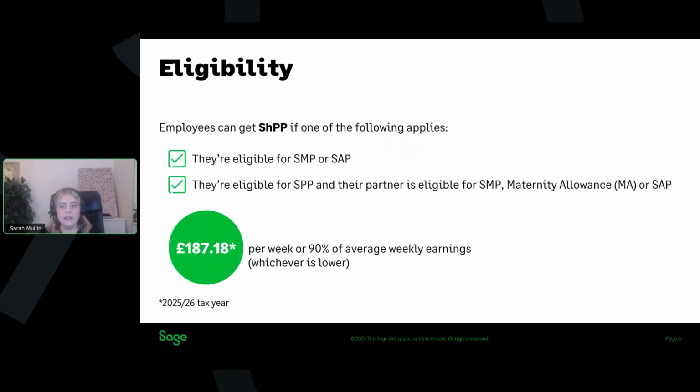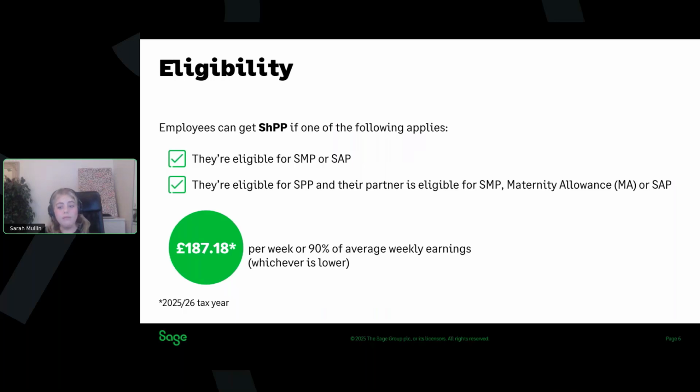So let's take a look at the eligibility criteria for shared parental pay. As a general rule of thumb, employees may be eligible for statutory shared parental pay if one of the following applies. For the mother or main adopter, if they were eligible for SMP, or SAP if they're adopting, then they will also meet the eligibility criteria for shared parental pay.